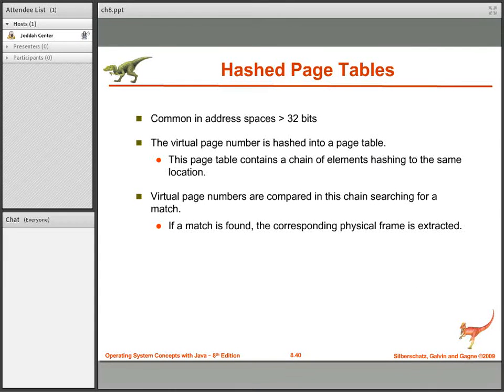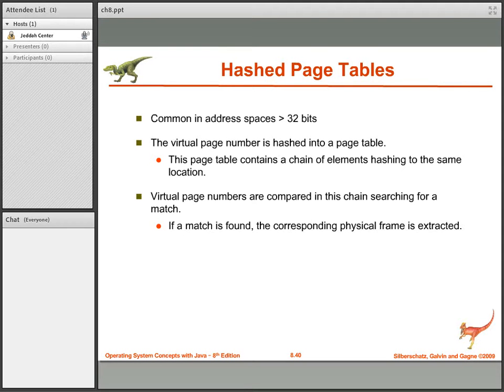The hashed page tables, these are common in address spaces. In this scheme, the virtual page number is hashed into a page table. This page table contains a chain of elements hashing to the same location.